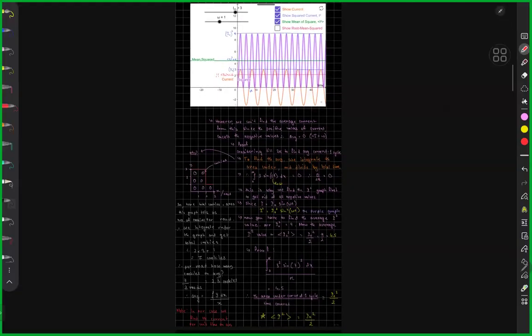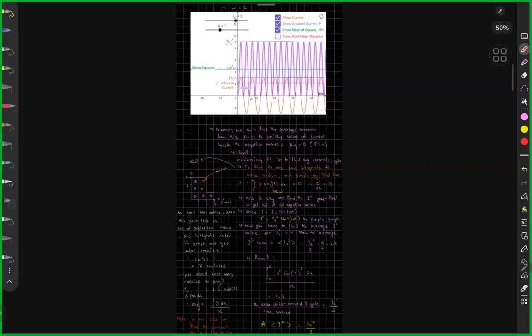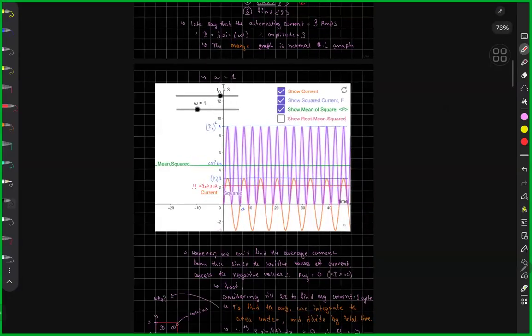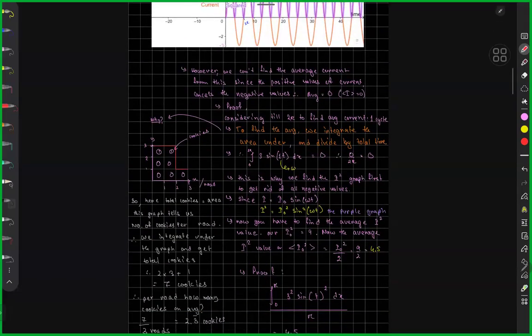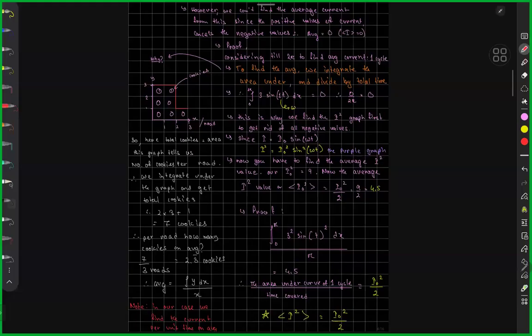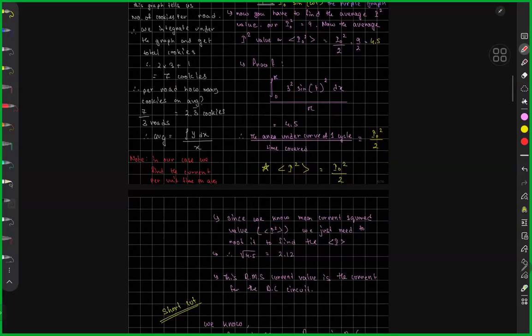Sir, could you zoom in a bit? Which, the graph? This one? The writings under the graph. The writing. Okay. And the one above the graph.